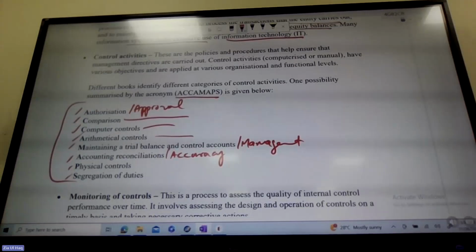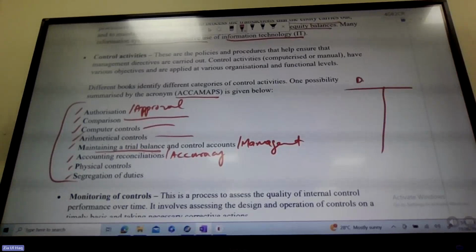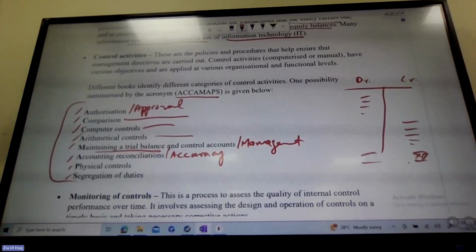What does maintaining a trial balance and a control account mean? The organization should maintain a trial balance. What is a trial balance? The debit figures should be written on one side and the credit account balances should be written on the other side, and the totals of both sides should tally with each other.